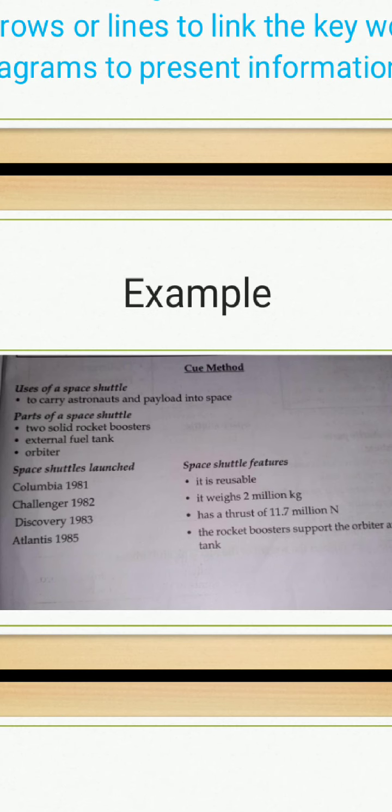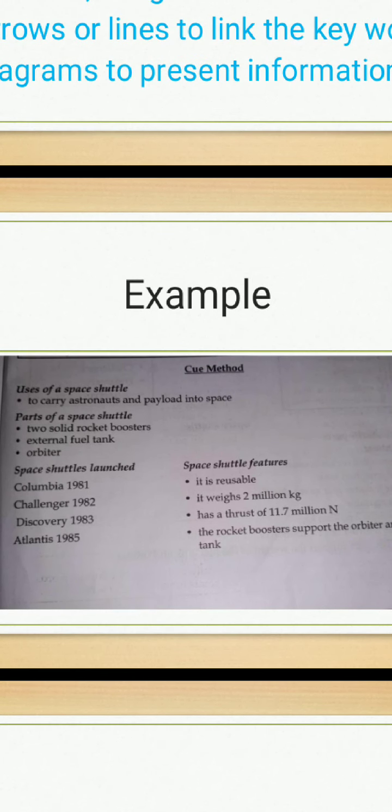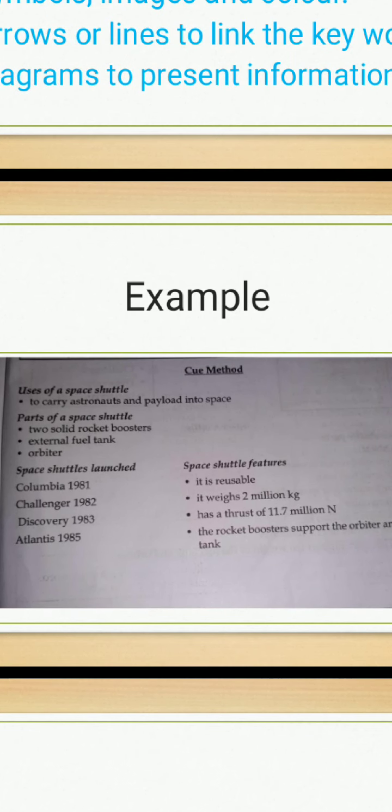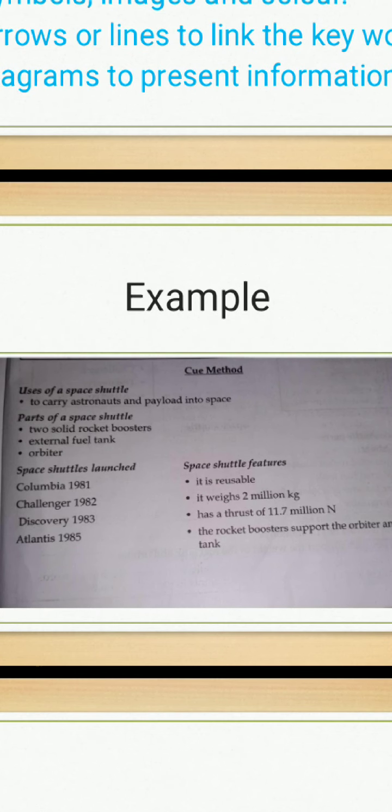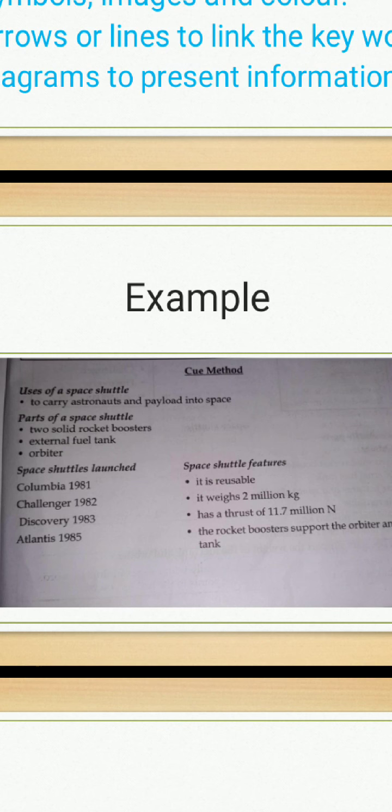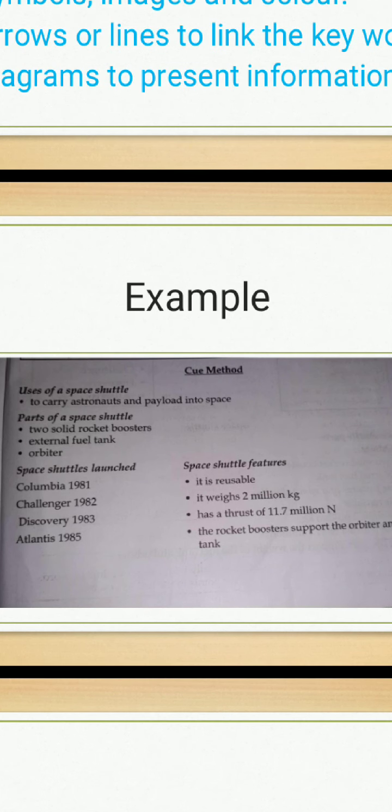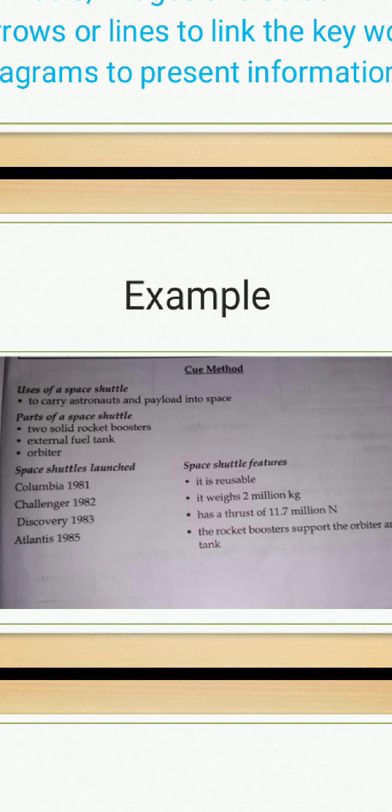The second is parts of a space shuttle. In this, whatever the parts are, you should mention. The first part is two solid rocket boosters. The second part is the external fuel tank.